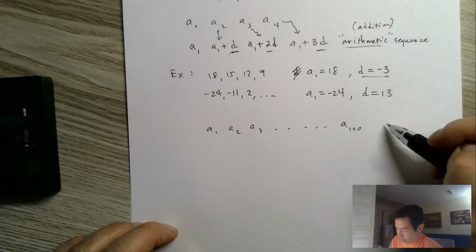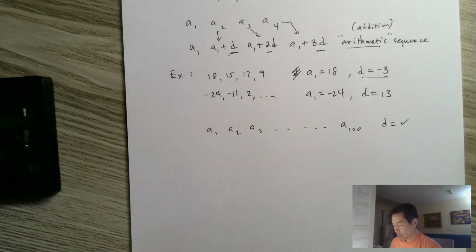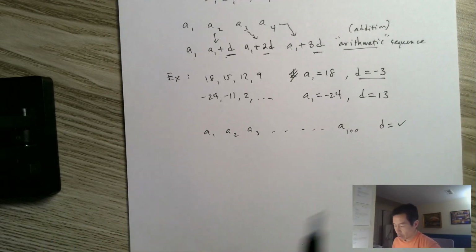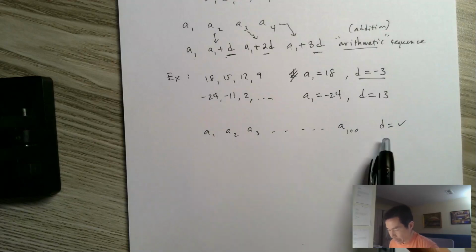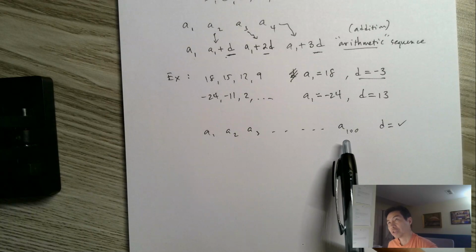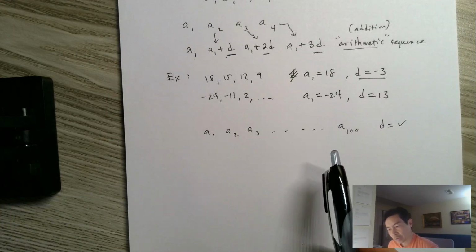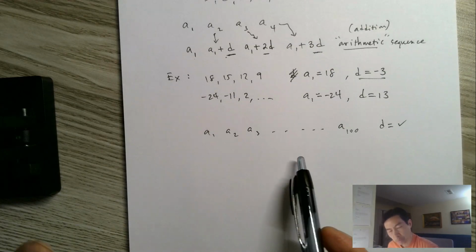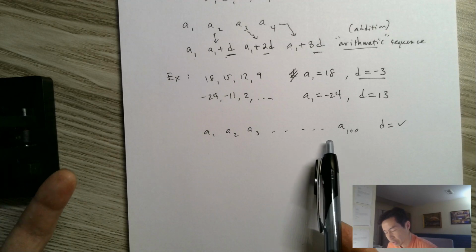And let's say my D value is known. Well, I could just keep adding the D value over and over and over again till I get to the 100th term, but that, first of all, would take a while, and I could speed up the process by using multiplication, since multiplication is repeated addition.